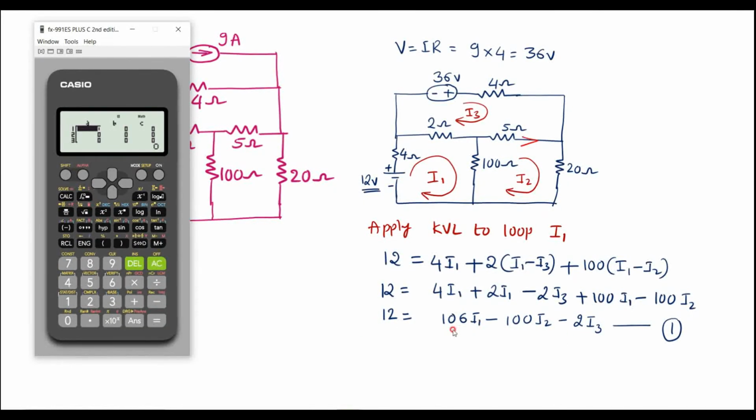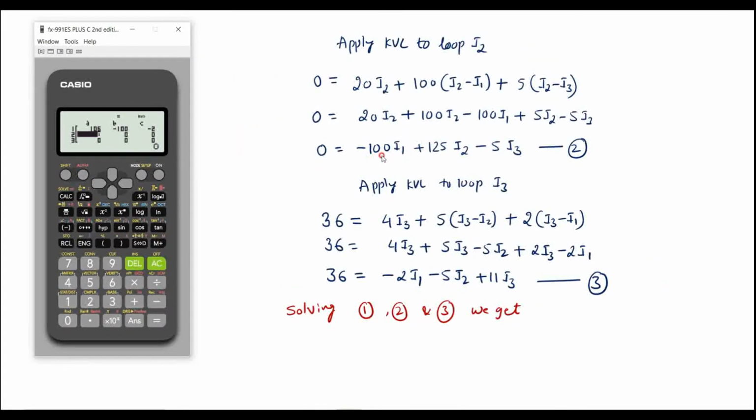Coefficient of I1 is 106, press equal. B is the coefficient of I2, that is minus 100. Then C is the coefficient of I3, that is minus 2. Then D is 12. Similarly, in the second equation we have minus 100, next 125, next minus 5, and D value is 0.